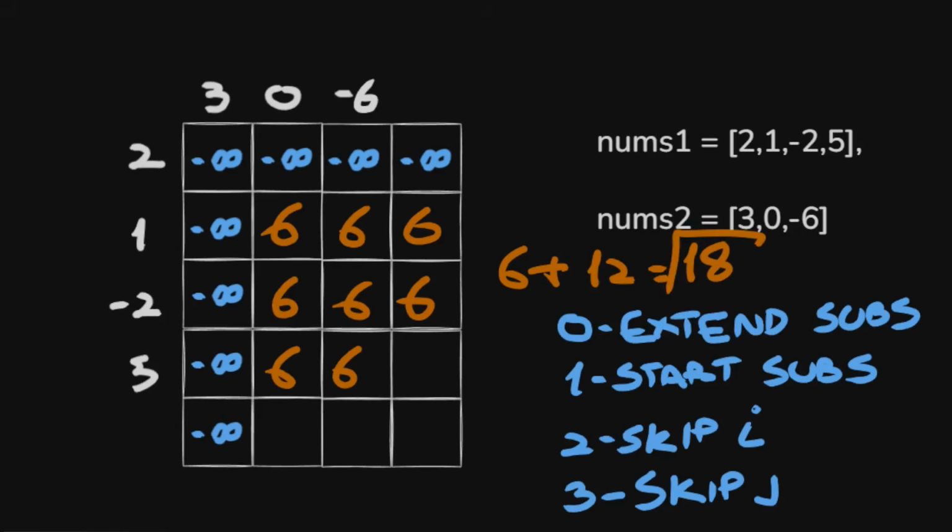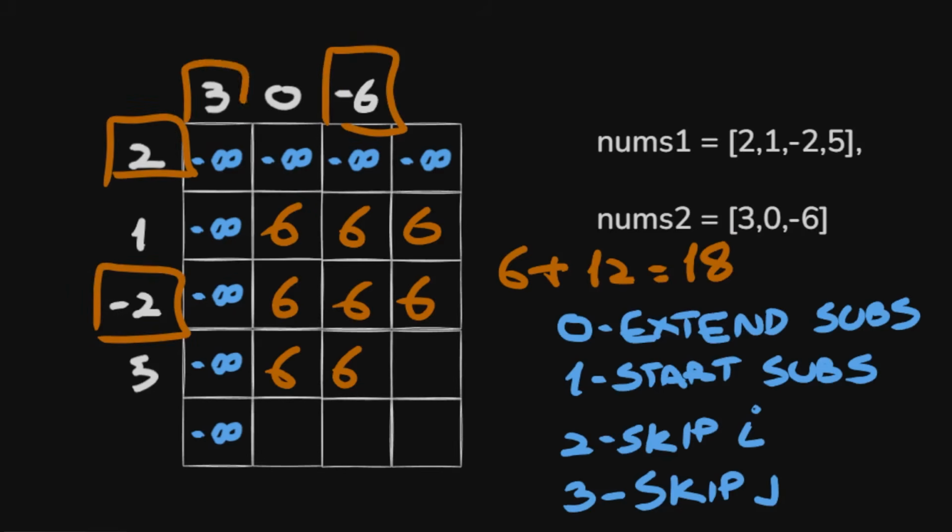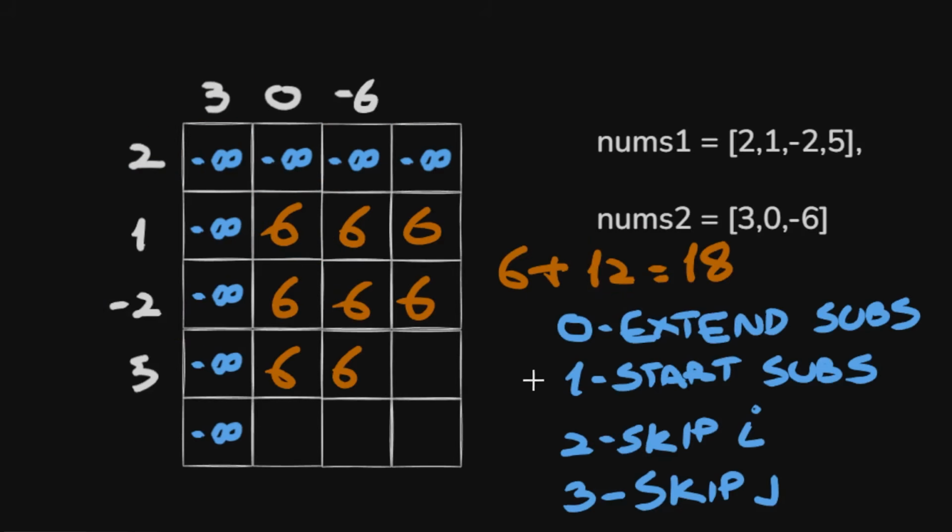And just to be clear, this means that we are taking the dot product of these two elements and these two elements. We are using 6 from this cell, and now we are adding these 12. Okay, so the result is 18. If we start a new subsequence, we do minus 2 times minus 6, which is 12.